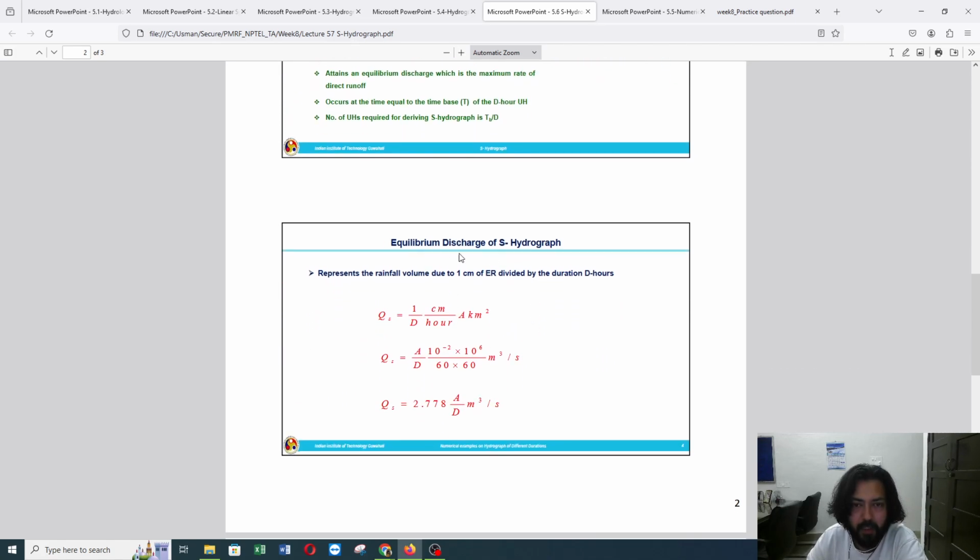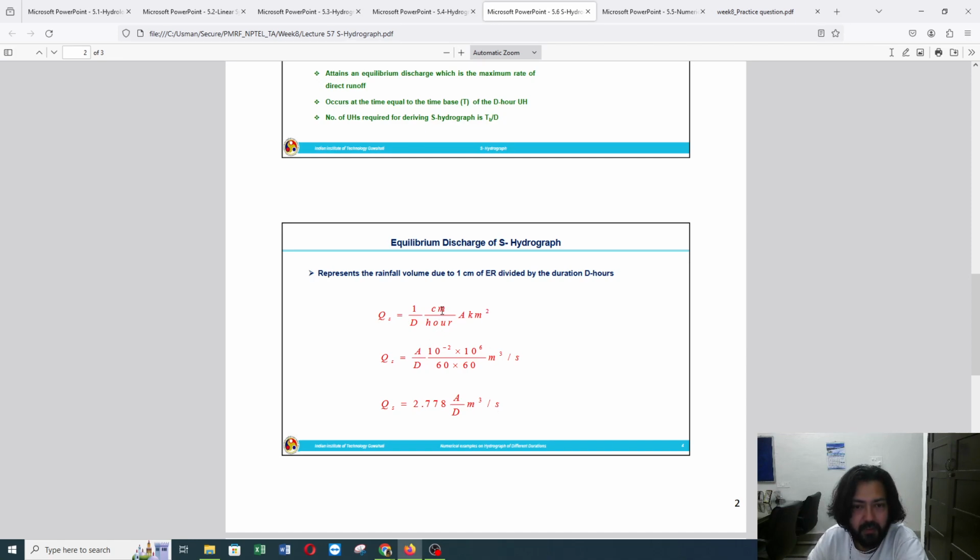So let's talk about equilibrium discharge here. To represent the rainfall volume due to 1 centimeter of excess rainfall divided by the duration Dr, we can calculate the equilibrium discharge of the S hydrograph. That is nothing but 1 by D times the area. This 1 by D is in centimeter per hour and the area is in kilometer square. We want to convert this into the unit of discharge, which is meter cube per second.